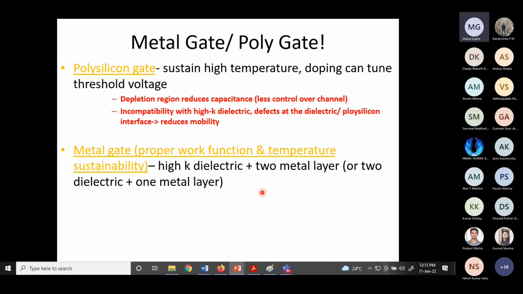Then we moved on and discussed why we needed polysilicon as a gate material above the oxide instead of aluminium. That we discussed, because polysilicon can sustain high temperature, so if we use polysilicon as a gate material above the gate oxide, we can make the gate first, and then we can make source and drain, and in that way the gate itself acts as a masking layer.